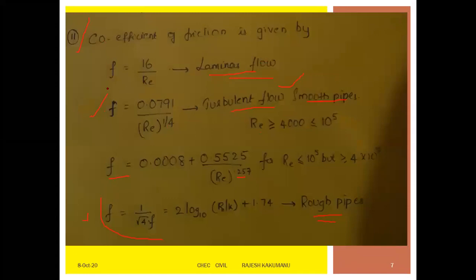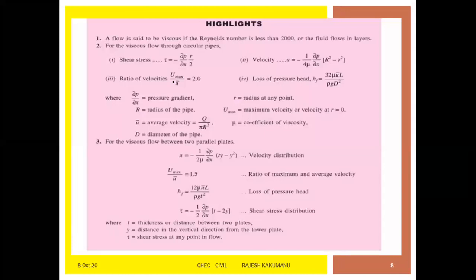Now we will use this formula for laminar flow problems. These are some of the formulas used for the laminar flow problems. Laminar flow formula: a flow is said to be viscous or laminar. Keep in mind, viscous or laminar is the same.